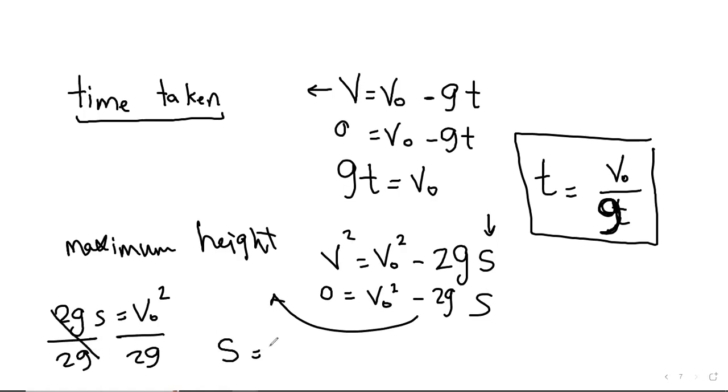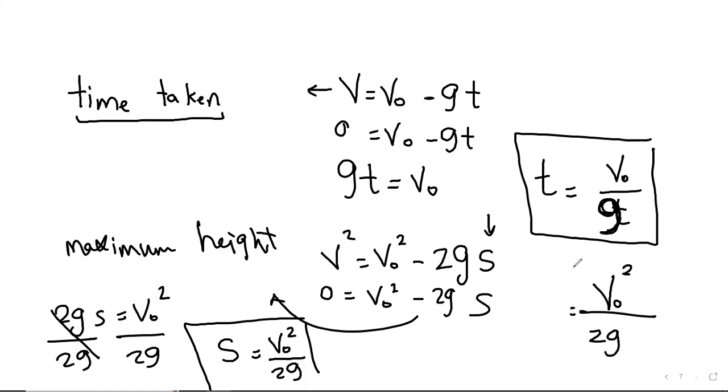So S is equal to V initial squared over 2G. Now compare between them: T is V initial over G, and the maximum height is V initial squared over 2G. So we observe they are close enough to each other.